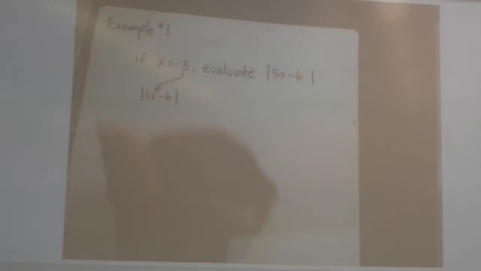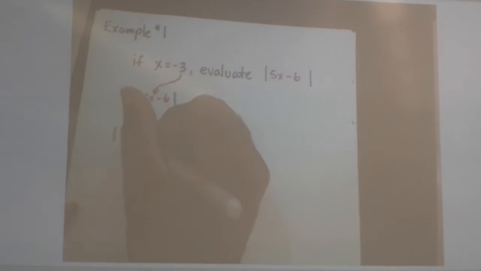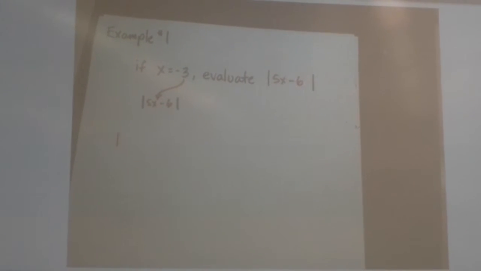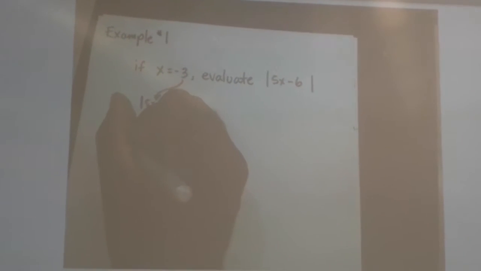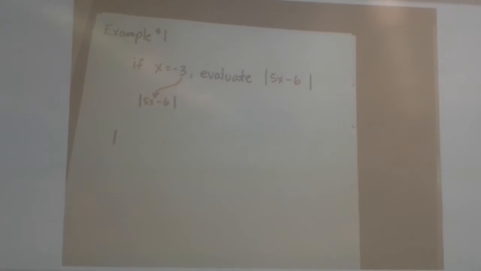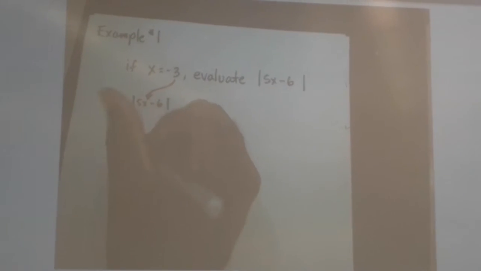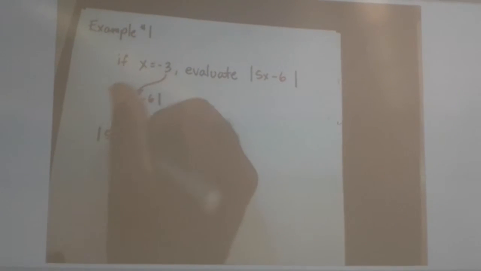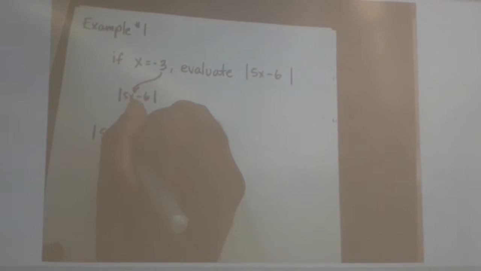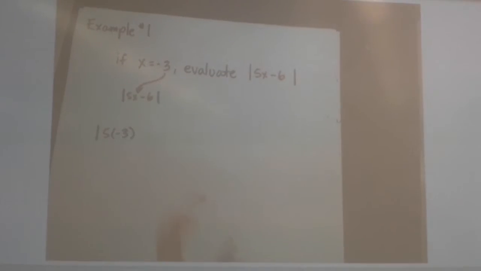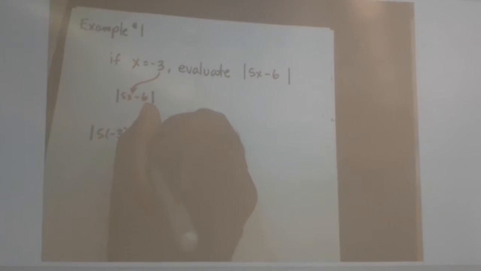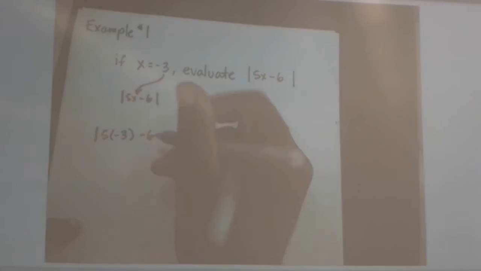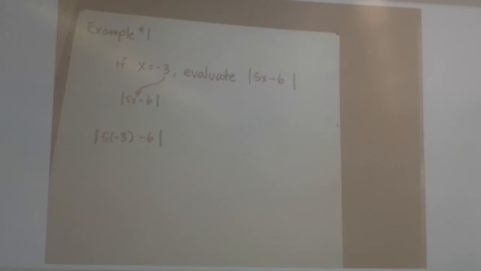Now, rewrite this as 5 times parentheses negative 3, now minus 6, inside the absolute value sign.